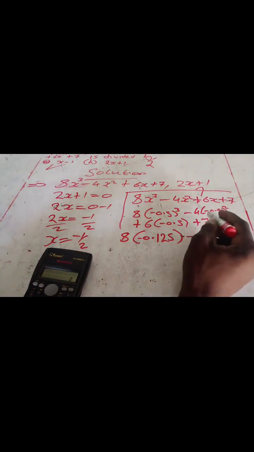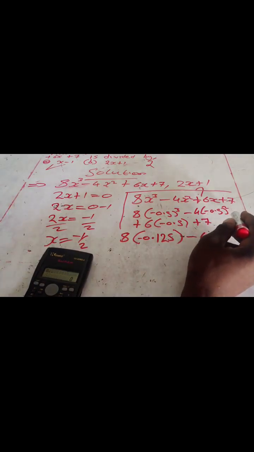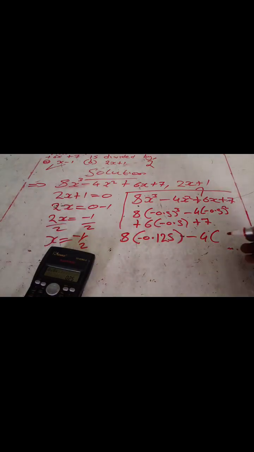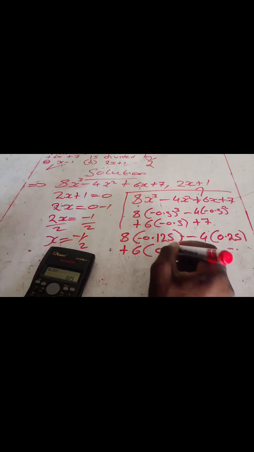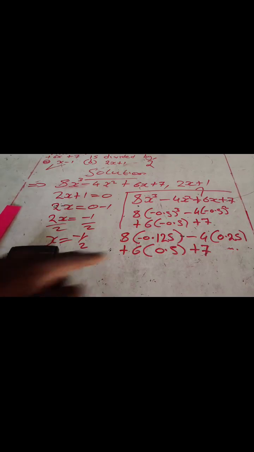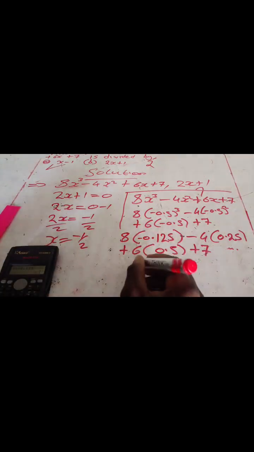So we're going to have negative 4 multiplied by negative 0.5 squared. So 0.5 squared is 0.25. So plus 6 multiplied by negative 0.5 plus 7. So let's start. 8 multiplied by negative 0.125 will give us negative 1.